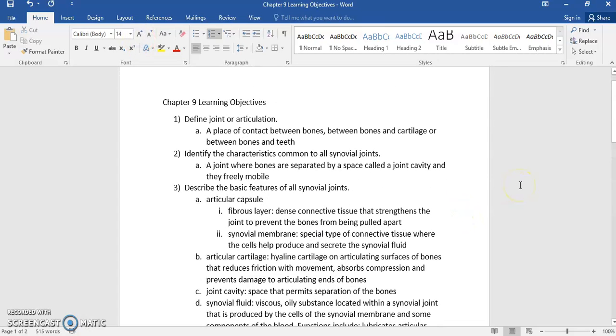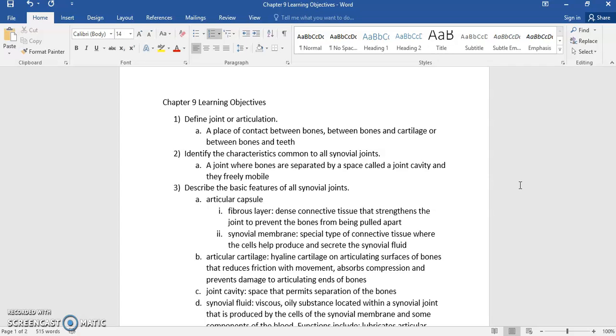First thing that we're going to do is to talk about synovial joints. And this is one of those chapters where we cover part of this chapter in lab, which we'll do in a couple of weeks. And then the rest that we don't cover in lab from chapter 9, we cover in lecture.